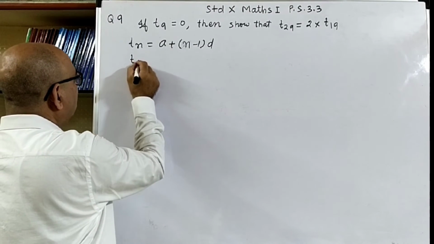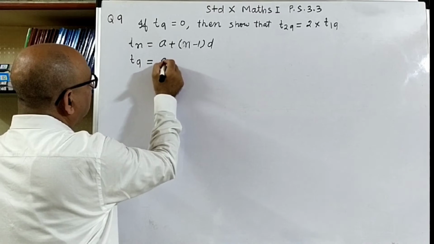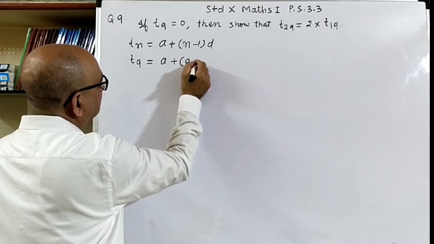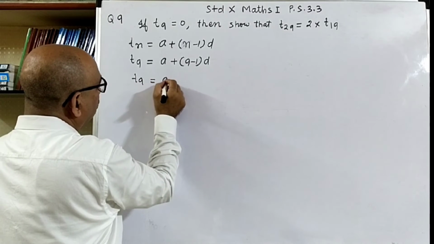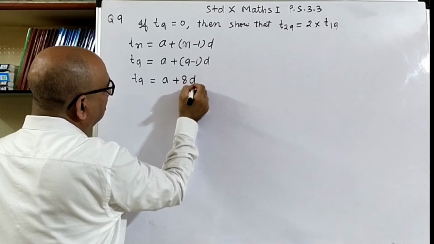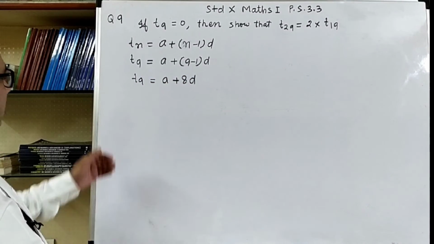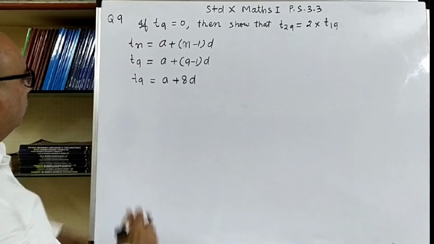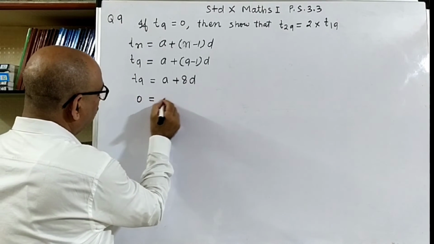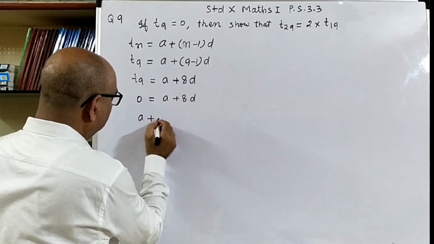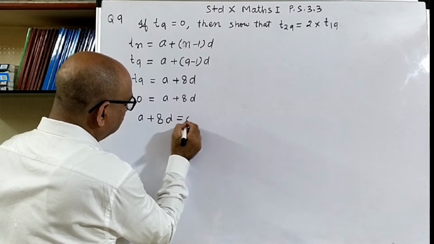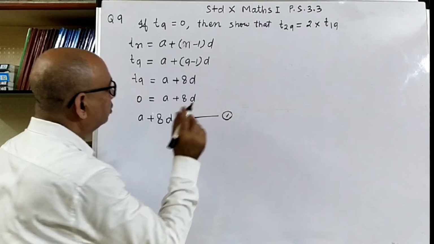T9, that means n is equal to 9. This will be equal to a plus 9 minus 1 d. That means T9 is equal to a plus 8d. T9 is 0, so a plus 8d is equal to 0. First one.